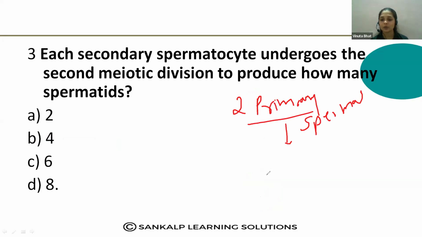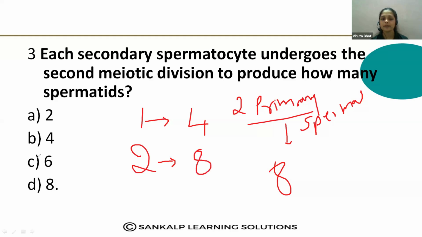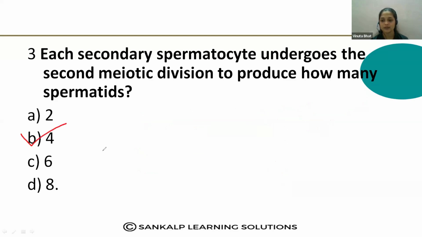That is 8, right? If one primary spermatocyte completes meiotic division, 4 spermatids are formed. If 2 primary spermatocytes complete the spermatogenesis, they produce 8 spermatids. So the correct answer here is 4.